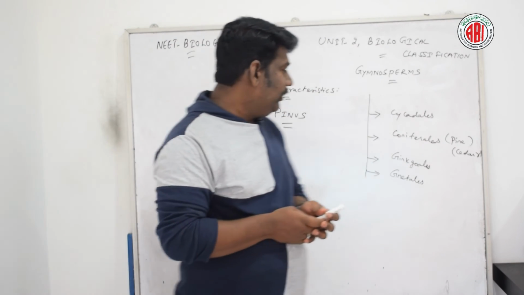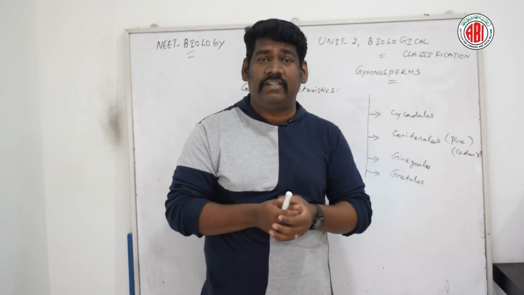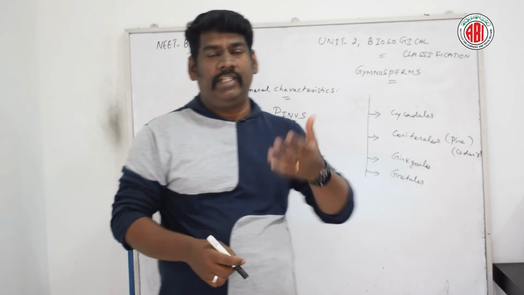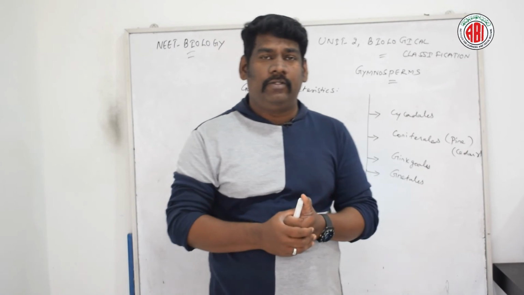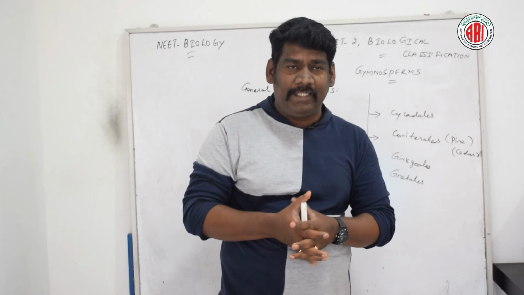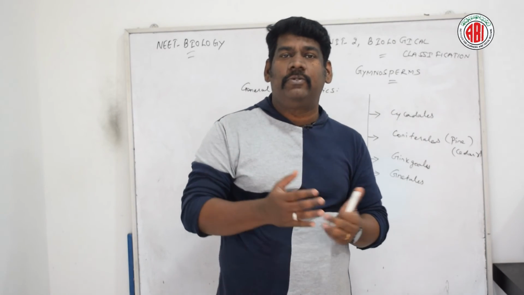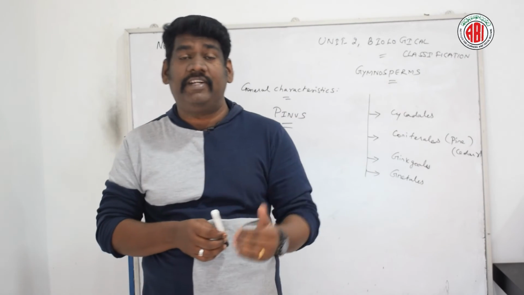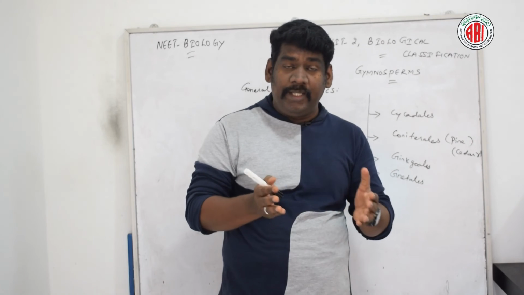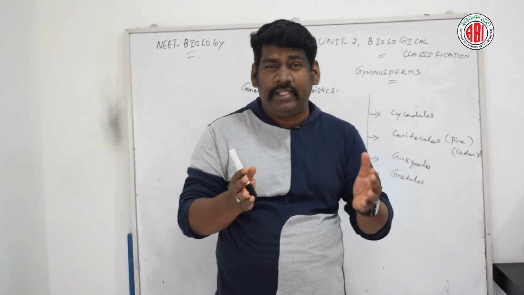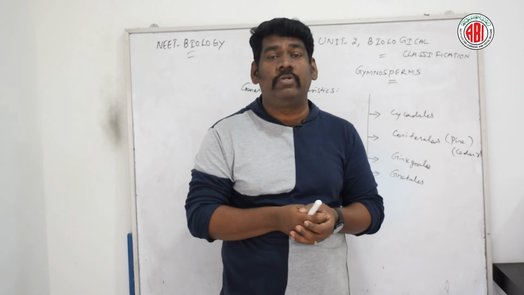Now let us talk about the external morphology or the general characteristic features of the Pinus plant. The mature plant of Pinus is a large tree that can grow up to 30 to 70 meters in height, differentiated into 3 major parts: the very thick columnar stem, evergreen leaves with branches, and the root system.